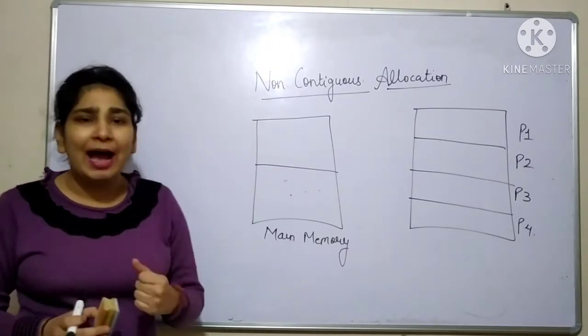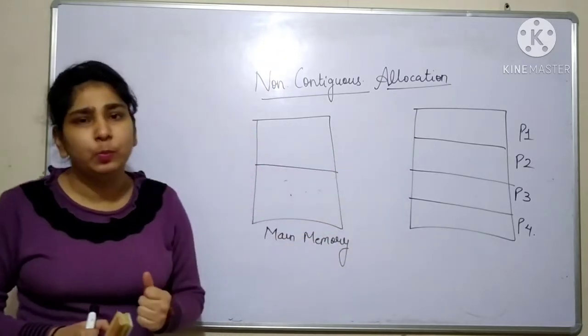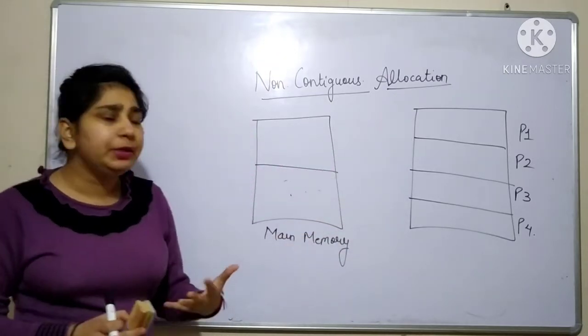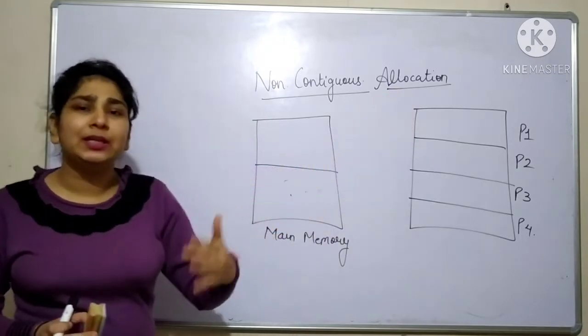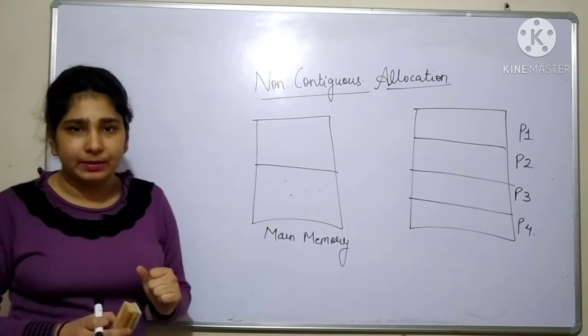If you have around 100 instructions of your process P1, then you store 20 to 30 instructions of process P1 in the main memory.